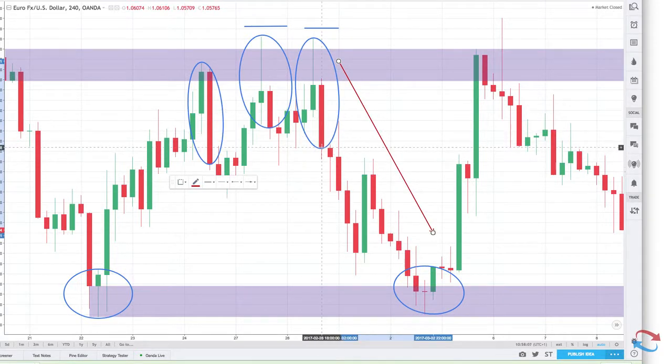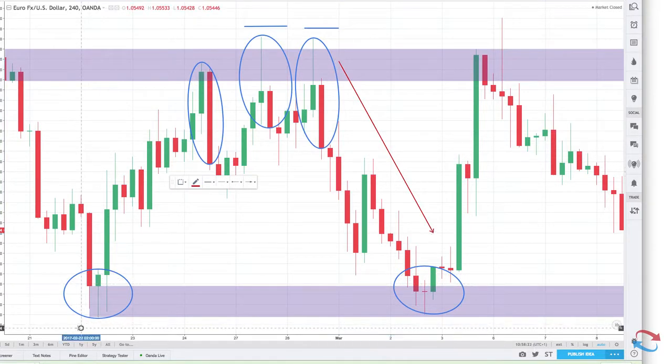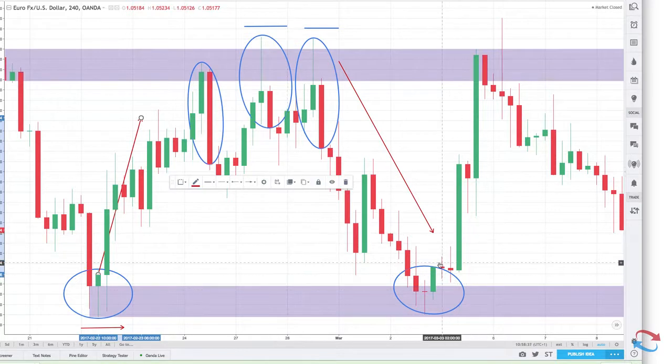You would enter on the close of that candlestick, stop loss above the high, and then trade to the downside. So if you were looking to buy on this candle, then you would put your stop loss below here. As soon as the candle forms at a level of support, you would buy as soon as the candlestick closes, and then hopefully prices make their way higher.